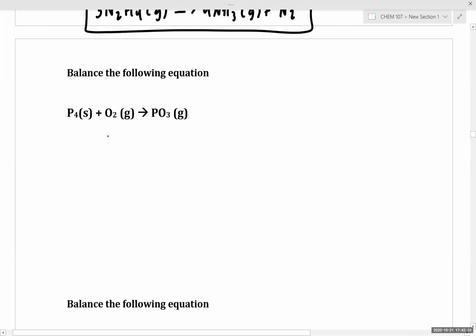So looking at this equation, we have 4 phosphorus and 2 oxygen on the left, while we have 1 phosphorus and 3 oxygens on the right. Okay. So now what we're going to do is guess a coefficient. We're going to guess a series of coefficients.